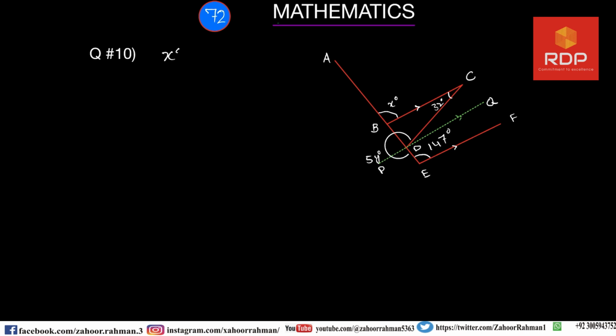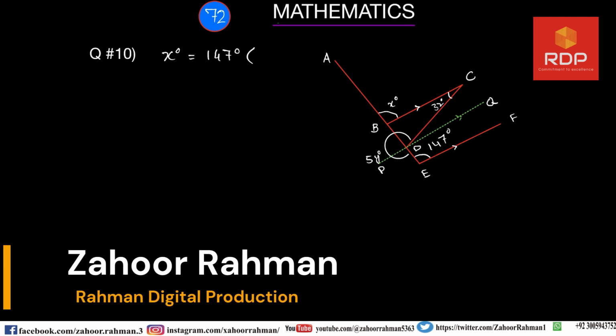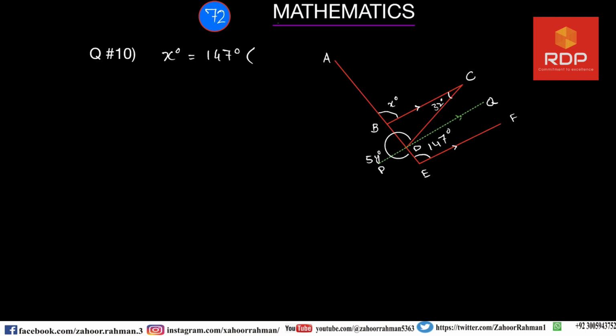So let us write that x is equal to 147 degree, due to the corresponding angles. Why? Because BC and EF are parallel lines. That is the whole story about the first part.